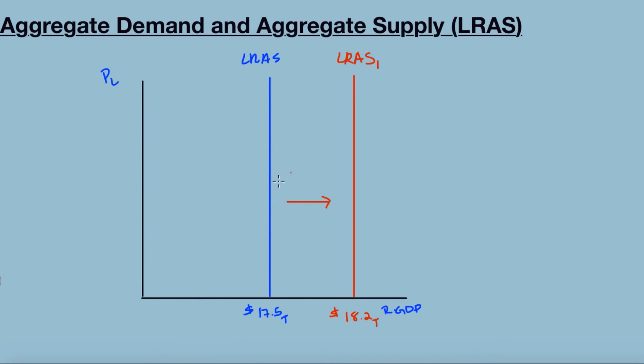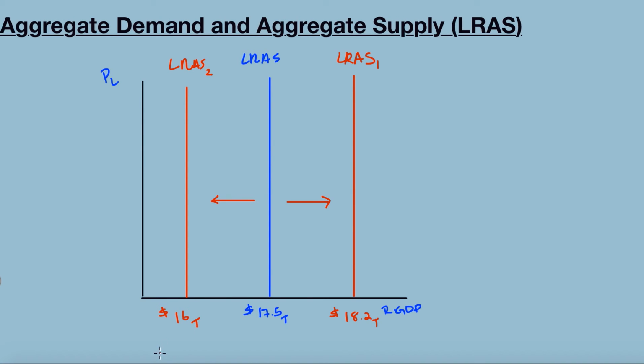If, on the other hand, we had a reduction in our population, if over time our birth rate slows down and we're looking 20 years in the future, we would definitely expect a reduction in the amount of GDP that we would be producing. So our long-run aggregate supply curve would shift to the left, and our potential GDP might be somewhere around $16 trillion.